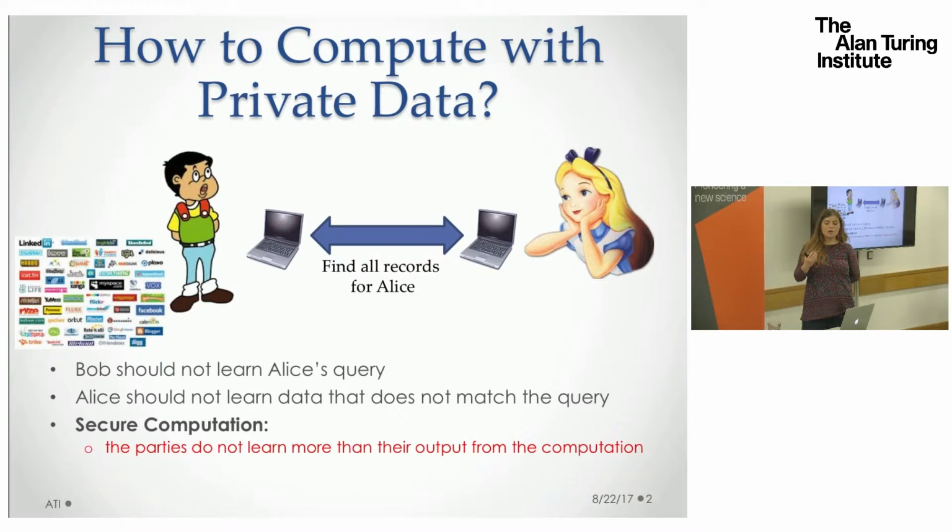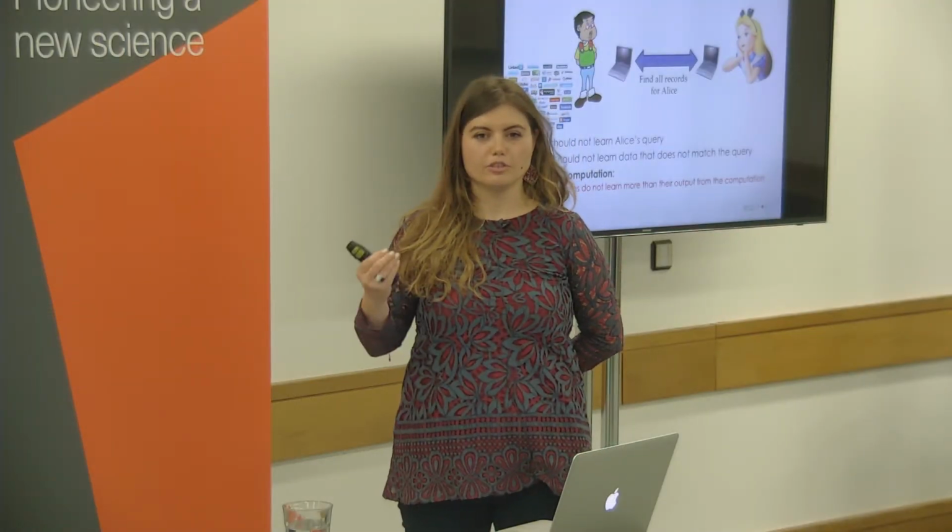It provides the guarantee that at the end of the execution of this protocol, the parties will not be able to learn anything more about the inputs than what they learned from the output they were supposed to receive. In this case, Alice was supposed to receive the records that matched, and that's the only thing that she should be able to learn from the execution of this protocol. So this is the 1-minute introduction of what secure computation is.